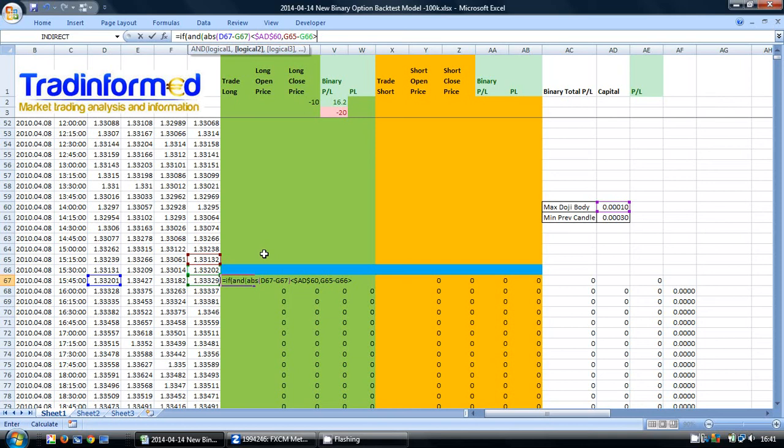So in this case I'm going to make it greater than. I'm going to use this reference cell here, press F4 again, comma, and I'm going to copy this 2 more times.